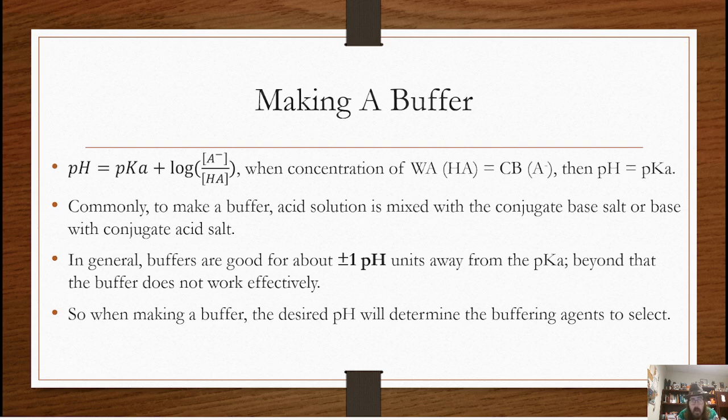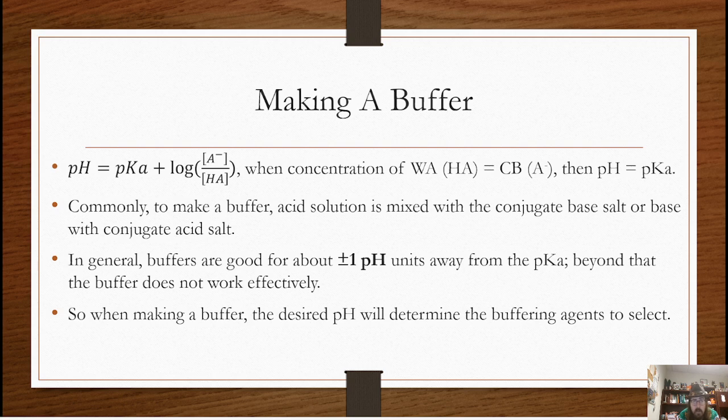If I'm a full 1 unit away, I have to have a concentration difference of 10 times. Whether that's 1 molar for one and 0.1 molar for the other, or 5 molar in one and 0.5 molar in the other, you're looking at a big difference.